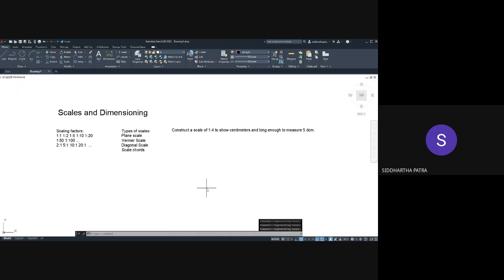So the smallest division on that scale should be 1 centimeter, and the scale should be large enough to span 5 decimeters. Now, if the scale is supposed to span 5 decimeters, and you are using a scale of 1 is to 4, you need to convert 5 decimeters to 50 centimeters, that is 500 millimeters.